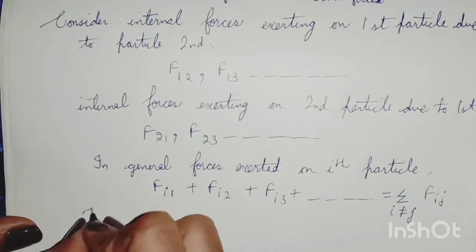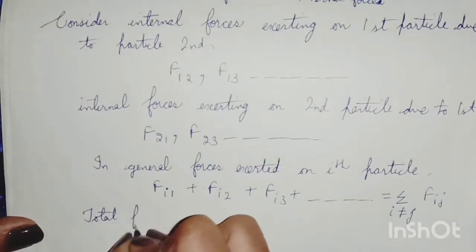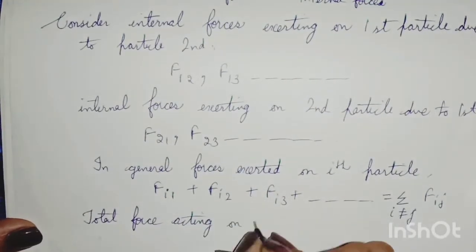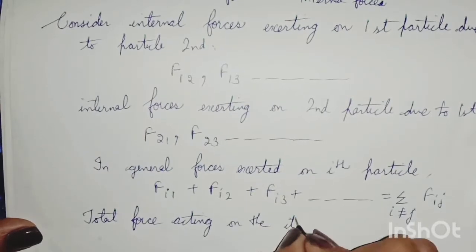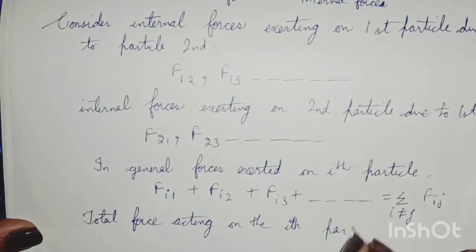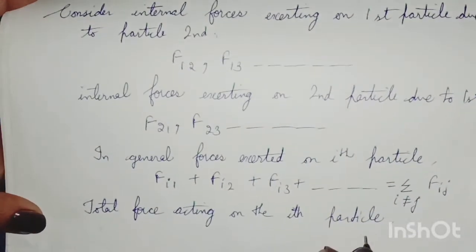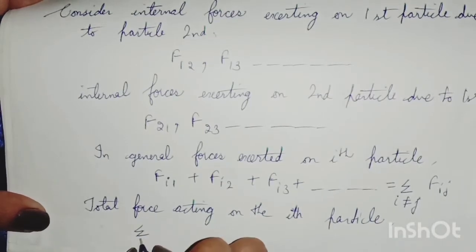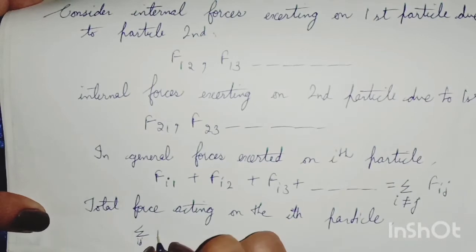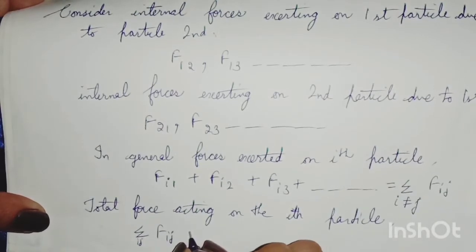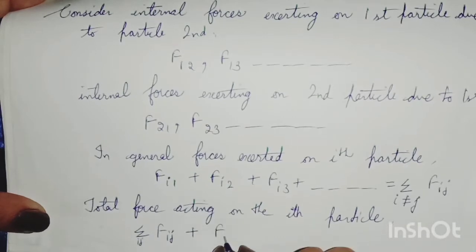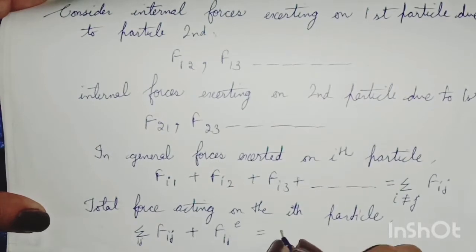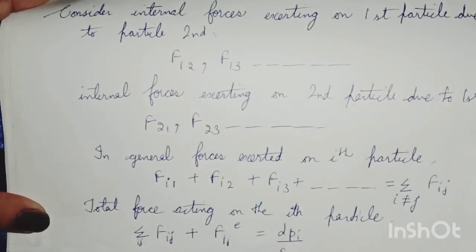So the total force acting on the ith particle is summation over j of Fij plus Fi external, equals dPi upon dt.